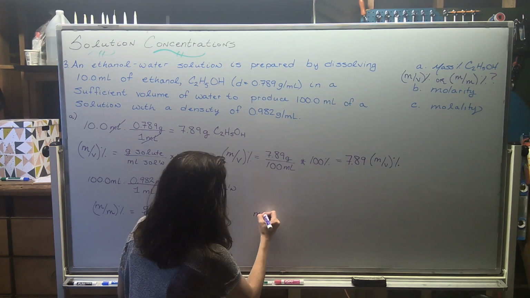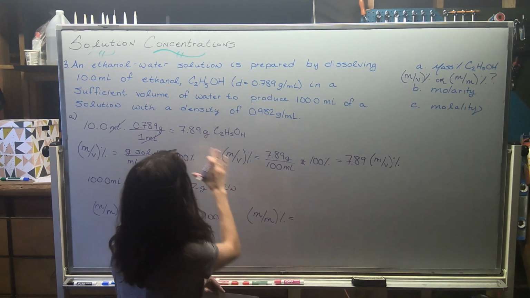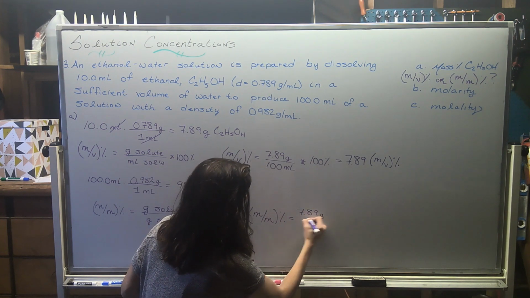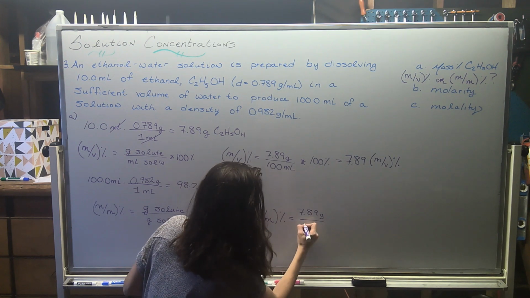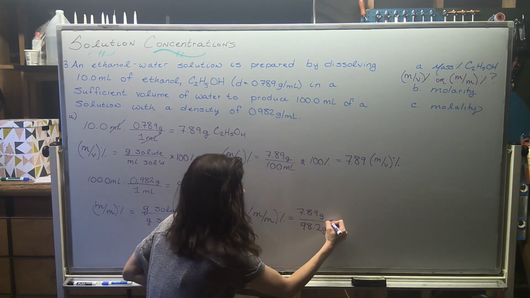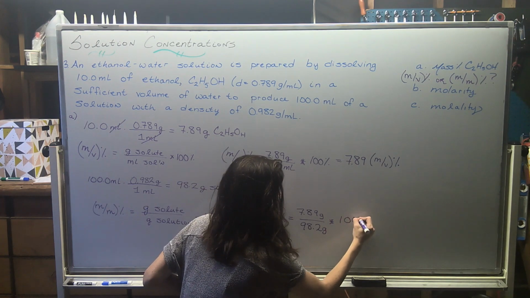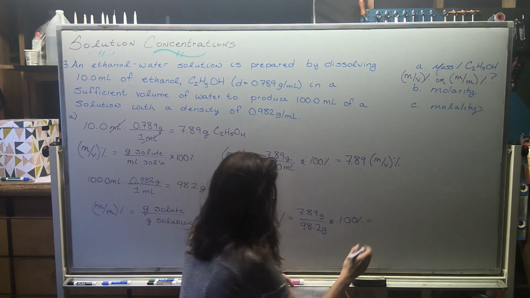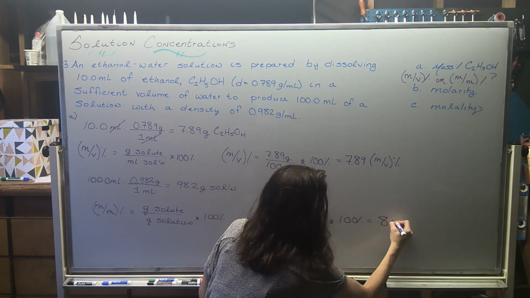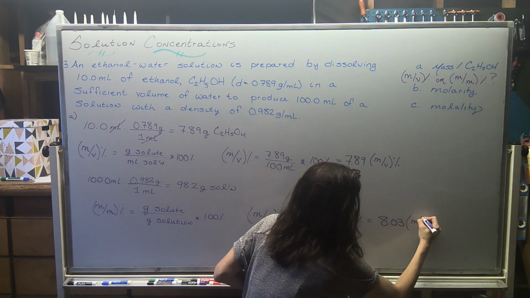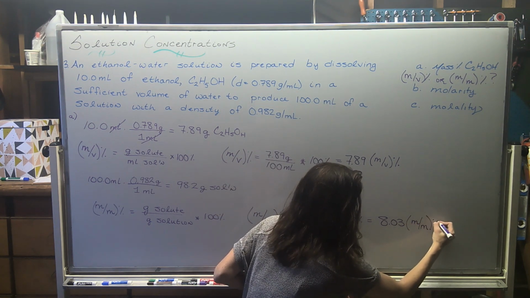So my mass by mass percent will equal, I'll grab the 7.89 grams of ethanol and divide it by the 98.2 grams that we just calculated from the density of the solution. And when I went ahead and did that, I got 8.03%, but I'm going to also indicate that that was a mass by mass percent.